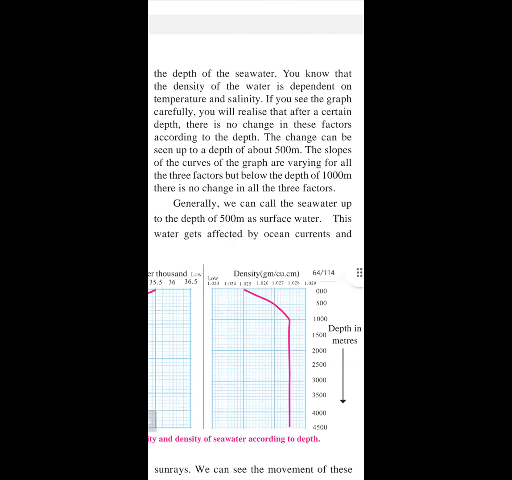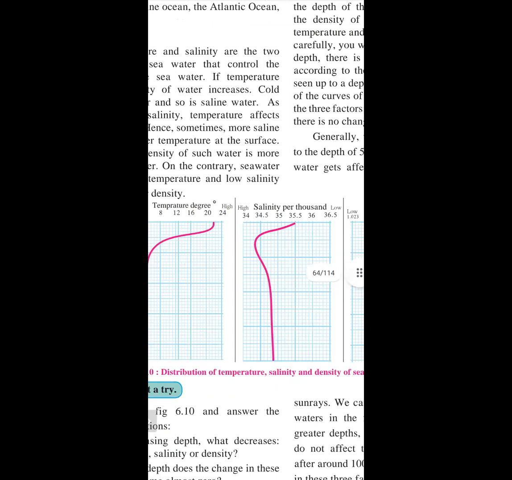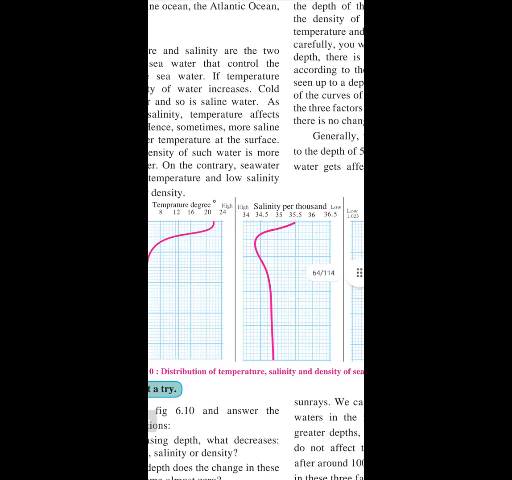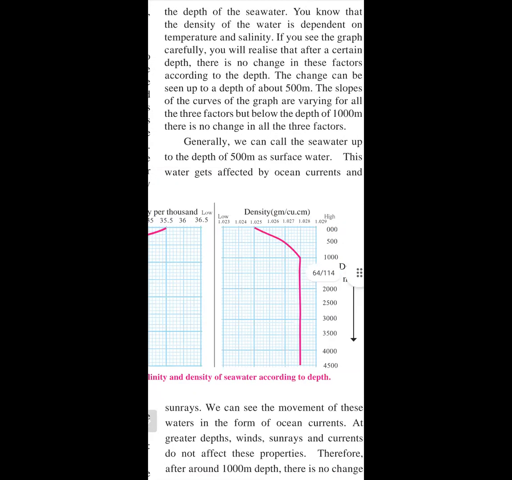Whether the temperature is decreasing, from 20 to 24 degrees, below the 1000 meter it is equal. Same only, compare this one. If the temperature is increasing, salinity is increasing to 35.5%, and below the 1000 meter it remains the same only. And density also the same only.